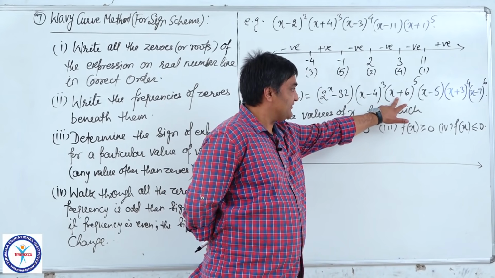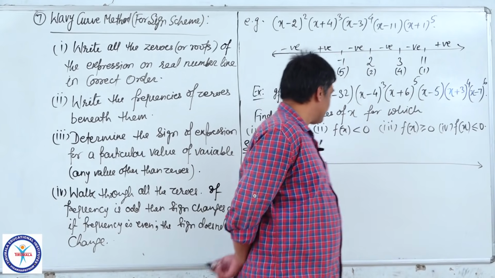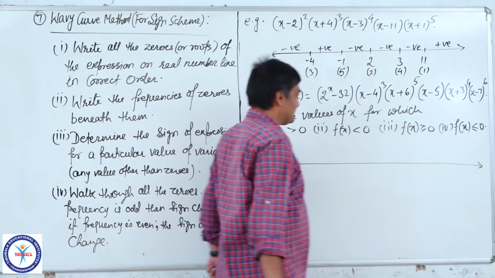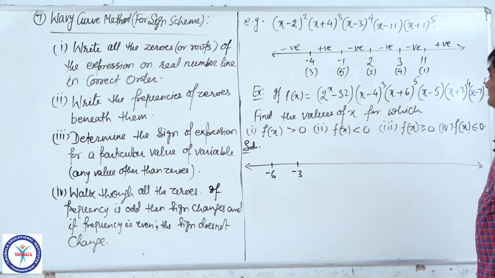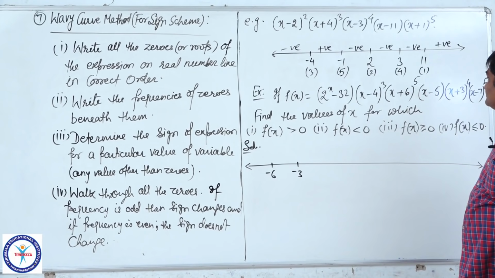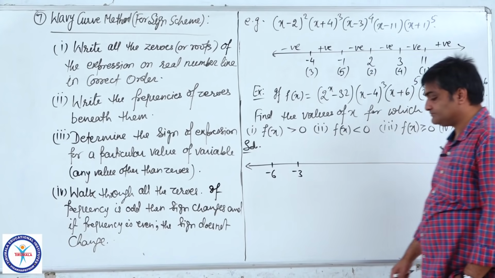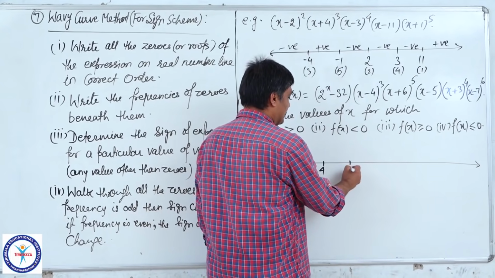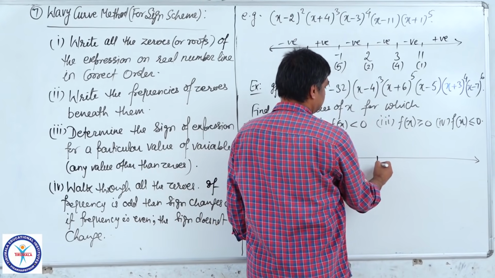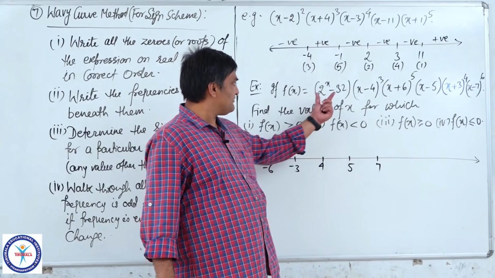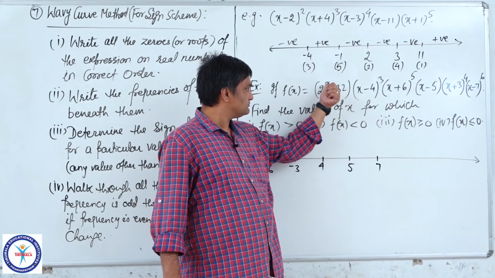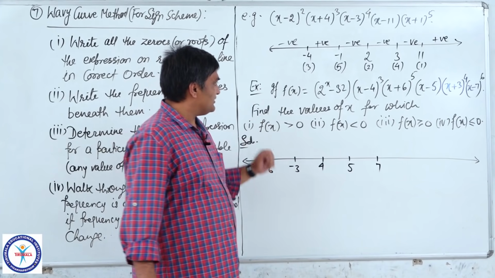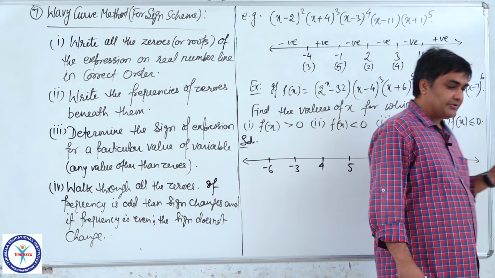The smallest one, -6, then -3, then 4, 5, 7. And from this one, 5. We have already written this. This completes our first step.